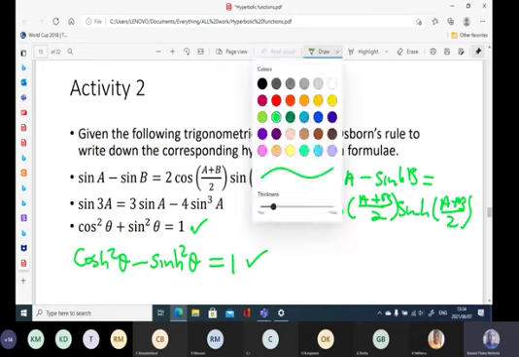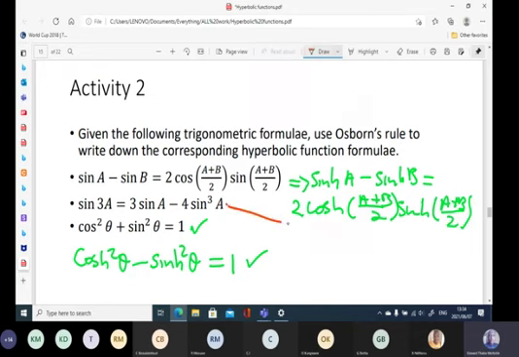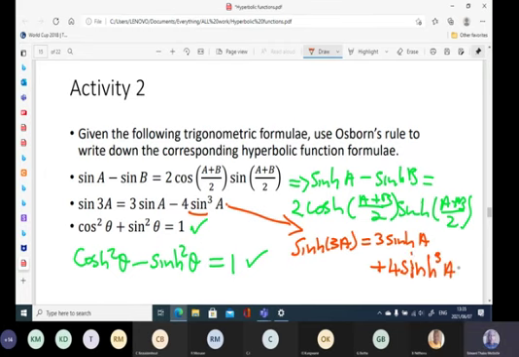And this rule here is going to give sinh 3A equals 3 sinh A plus, because here we have a product, the sign must change. So it's going to be 4 sinh to the power 3 A. We'll write it nicely. So this is how you use this rule if you want to rewrite the identities, okay?